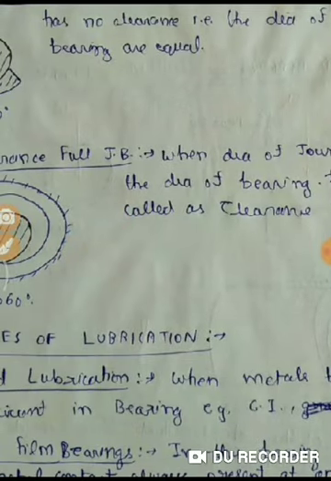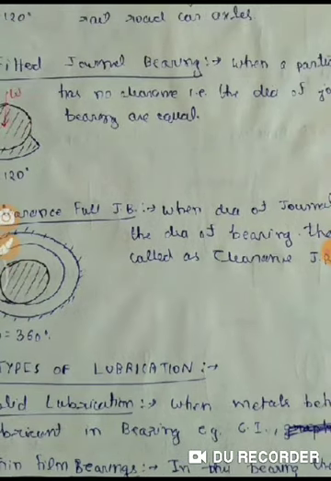For example, graphite is a solid lubricant. Also cast iron has self lubricating properties within itself. So if we use cast iron bearings in sliding wheel bearings, they will be self lubricated.